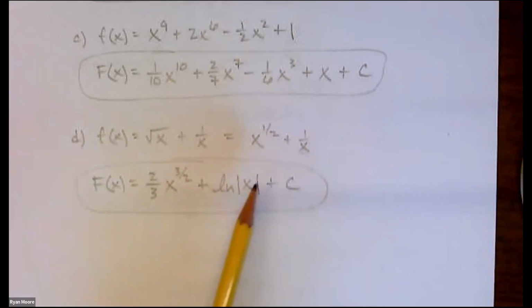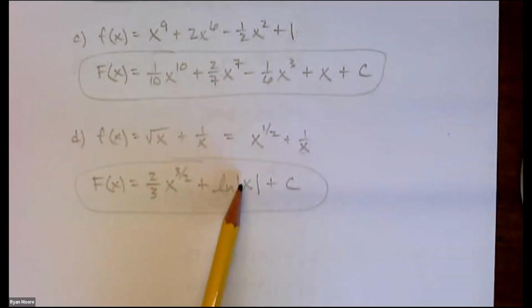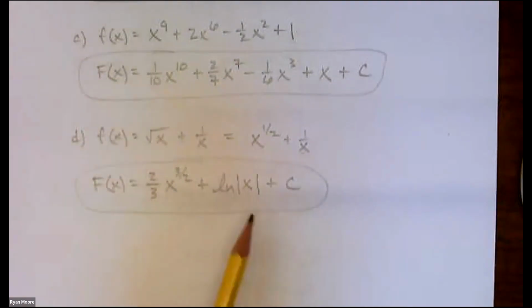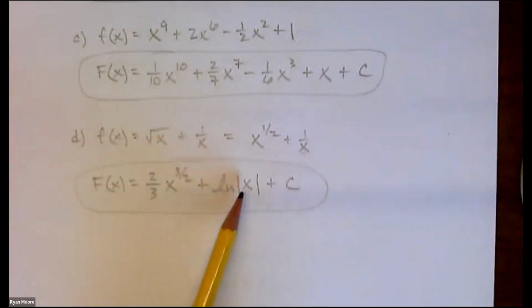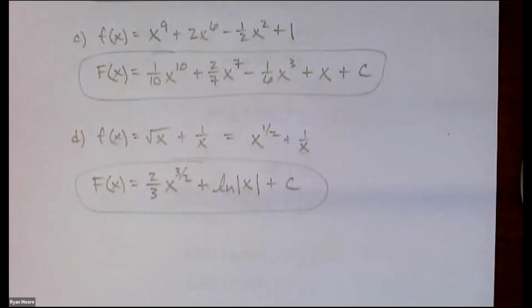So if we need to allow negative numbers, we'd say, well, we can put a negative number in there so long as we first perform an absolute value and then apply the natural log to it. So we end up doing a natural log of a positive number. So we can put negative x values into this where we could not have put a negative x value into natural log of x.